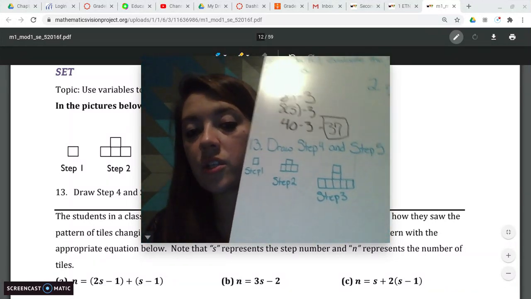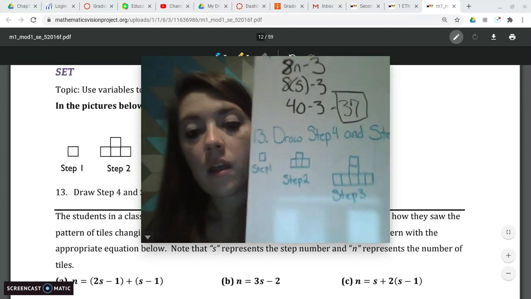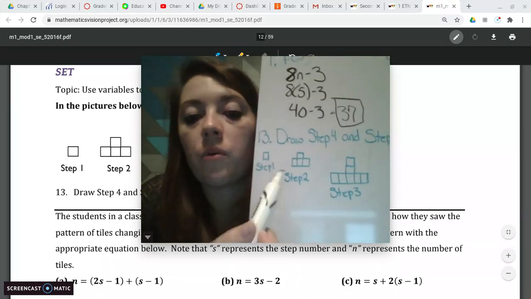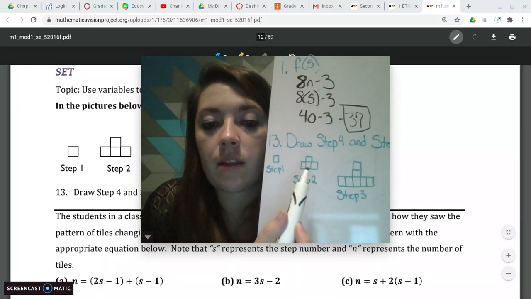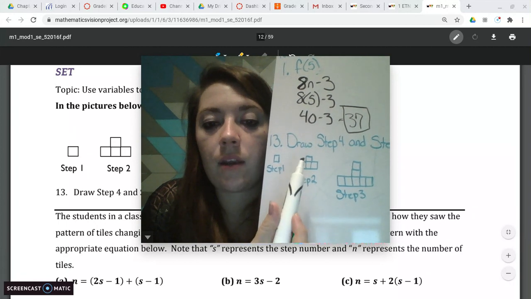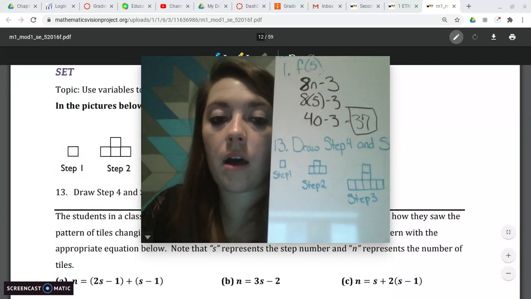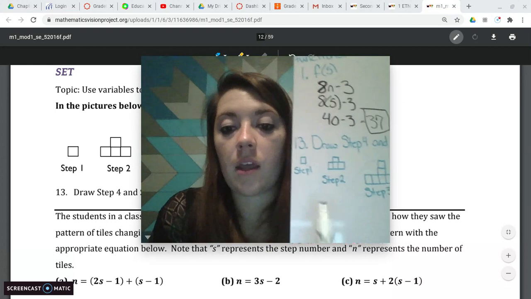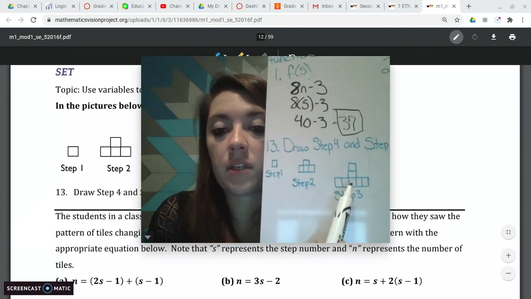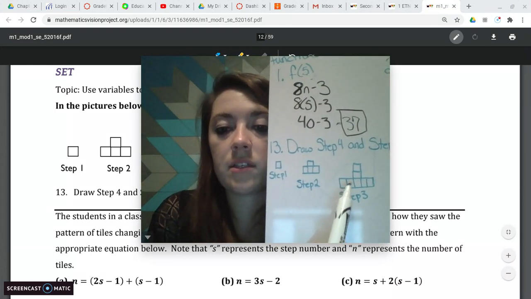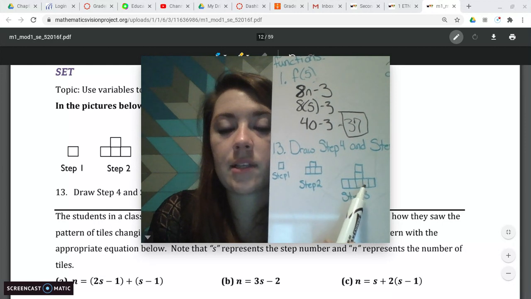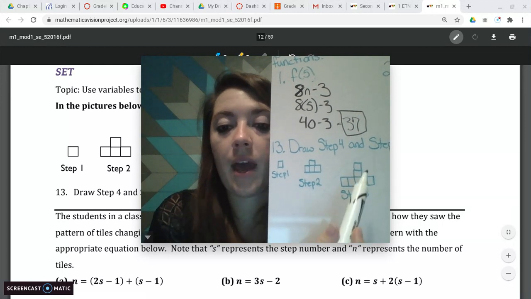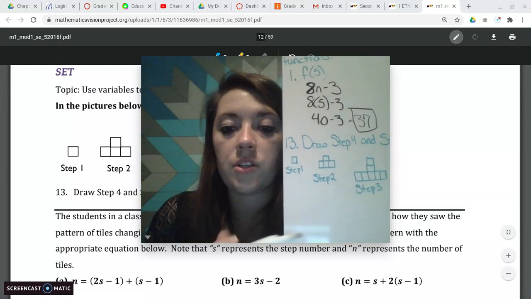If we notice, step 1 is just a single box. Step 2, we still have that single box there in the middle, but now we've added one box on 3 of its sides. Step 3, we still have the box in the center, still have the 3 boxes that were added, and then we added one more on each of those sides.